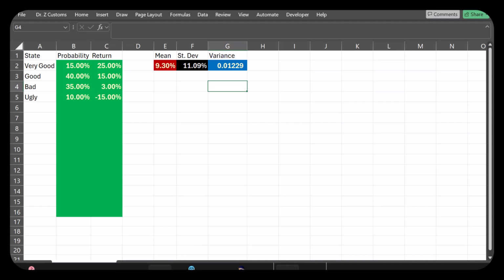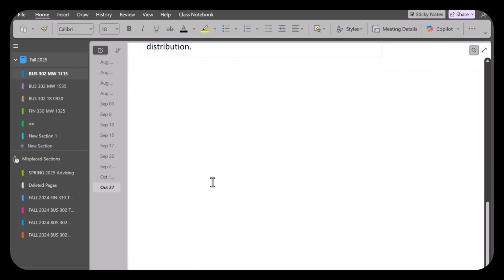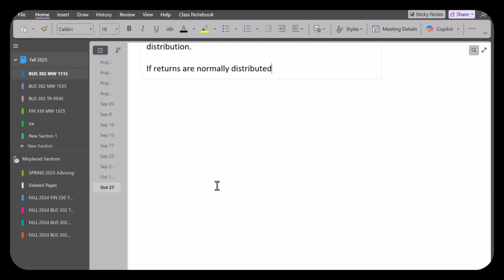And if returns are normally distributed, we can use the so-called empirical rule.